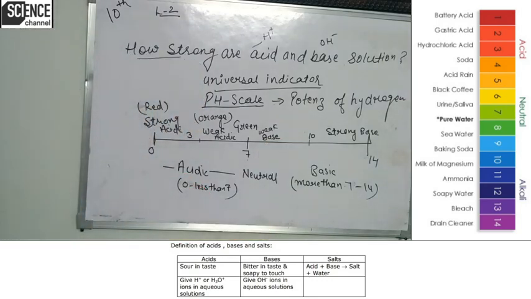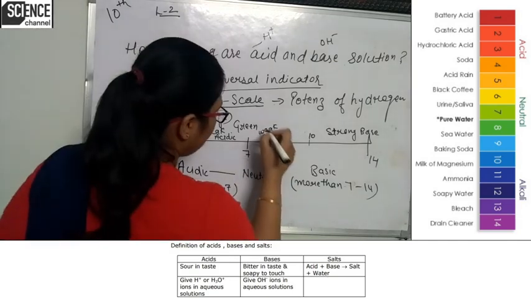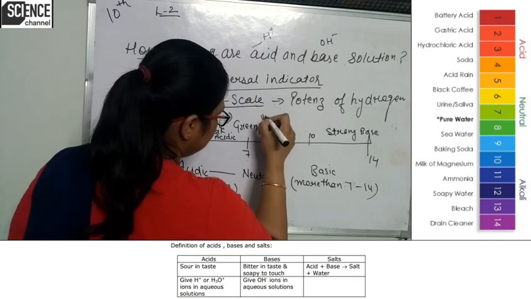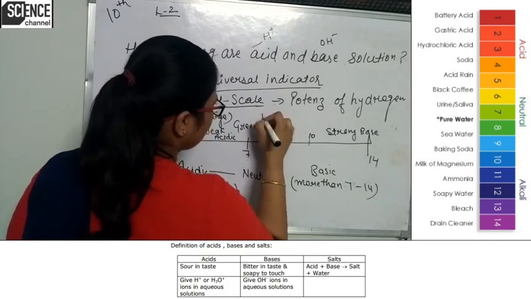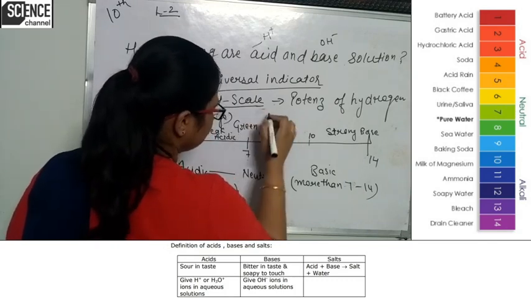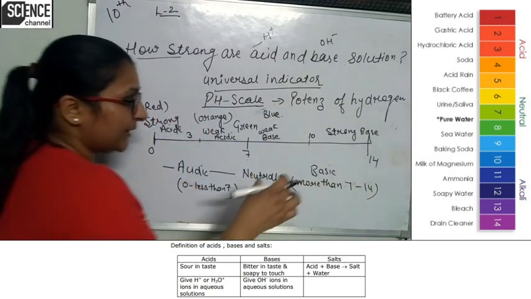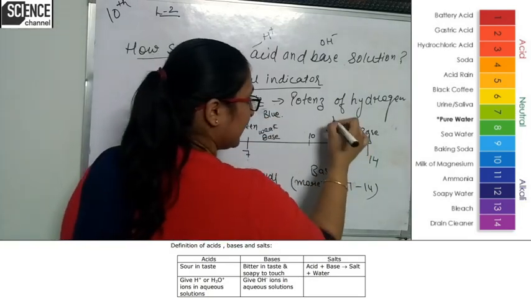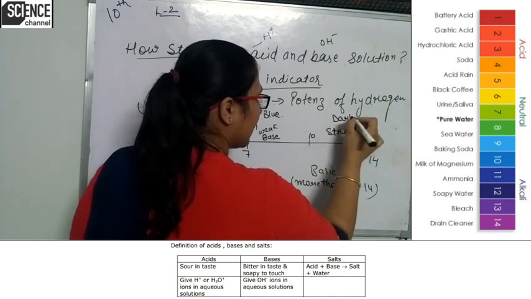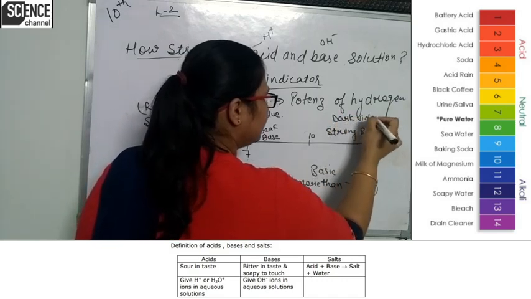If they have a weak base, then it gives the violet color, or we can say that they give purple or blue color. But if they have a strong base, they give a dark blue color, dark violet color.